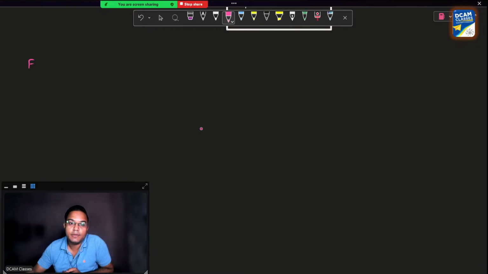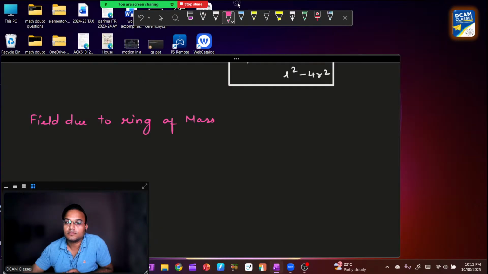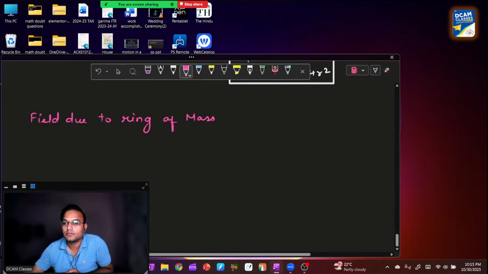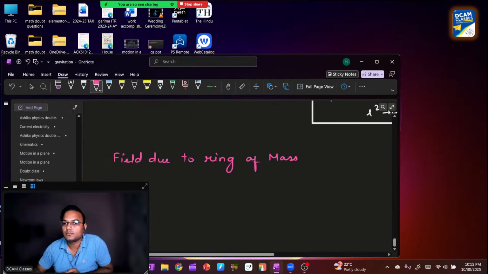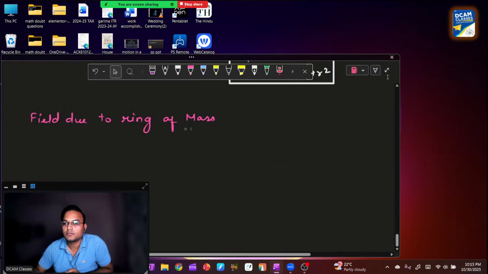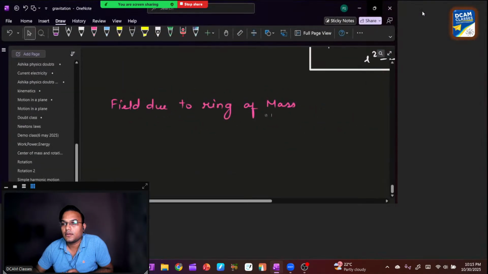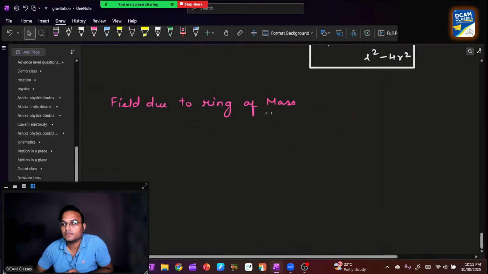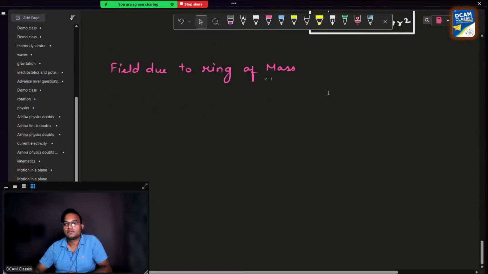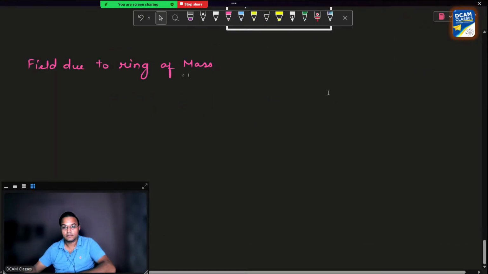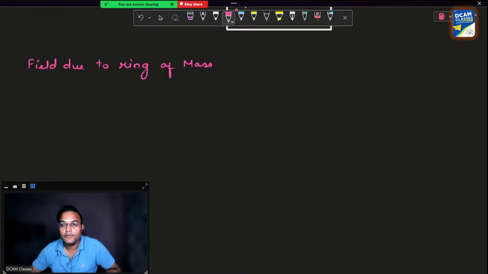Achha, now tell me this formula. What will be the field due to a ring of mass? How will you find out? What's the situation? I'll tell you. This field due to ring of mass.